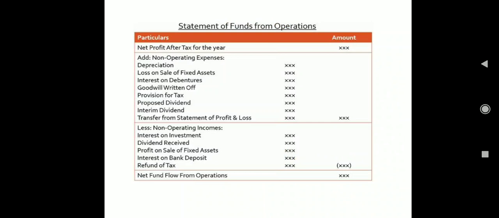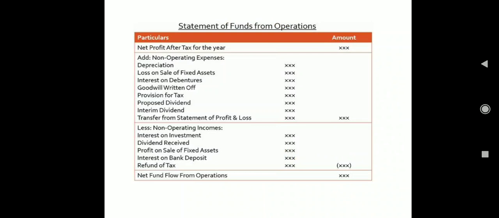Some examples: it may be depreciation, loss on sale of fixed assets, interest on debentures. Depreciation is non-cash, loss on sale of fixed asset is non-operating, interest on debenture is non-operating, goodwill written off is non-cash. Then provision for tax is non-cash, proposed dividend is non-cash, and interim dividend is again non-operating or non-fund.